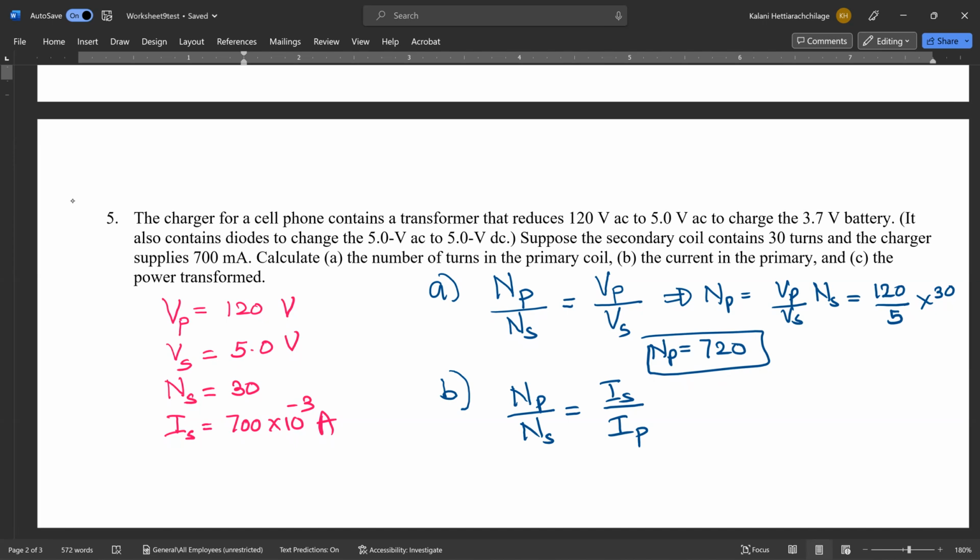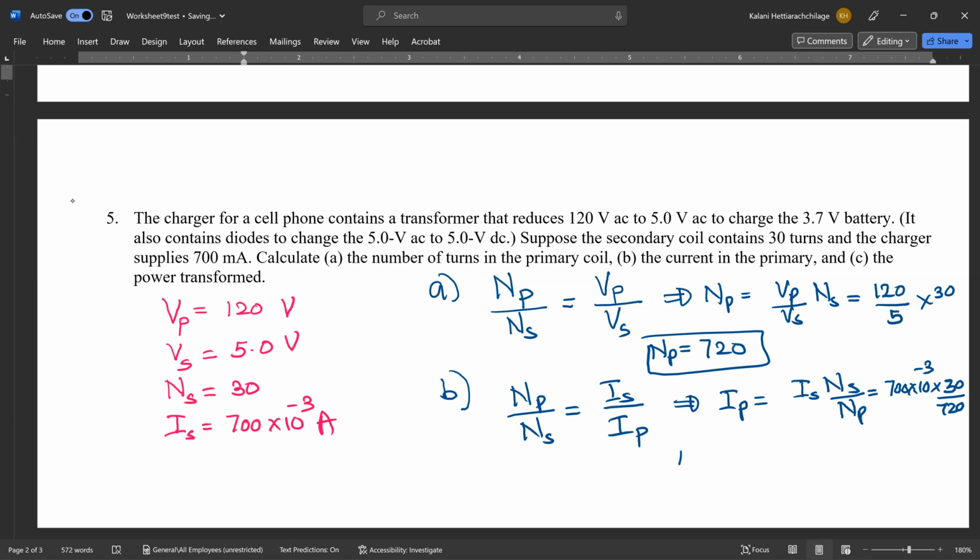Now I will be able to calculate IP easily. That will be IS times NS divided by NP, right? So that will be 700 times 10 to the negative 3, NS is 30, and NP we found as 720.